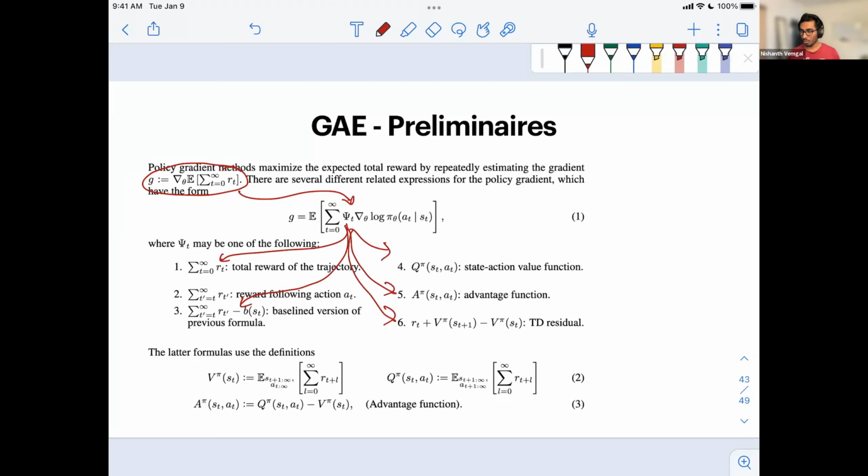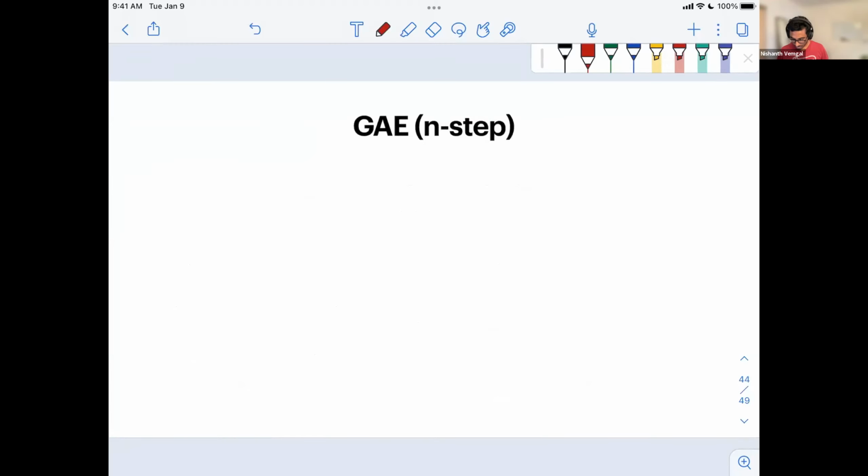But typically what this paper claims is that using the advantage function is better, because many papers have observed a reduction in variance by using it. So this paper defines an advantage estimate, but a generalized version of that.